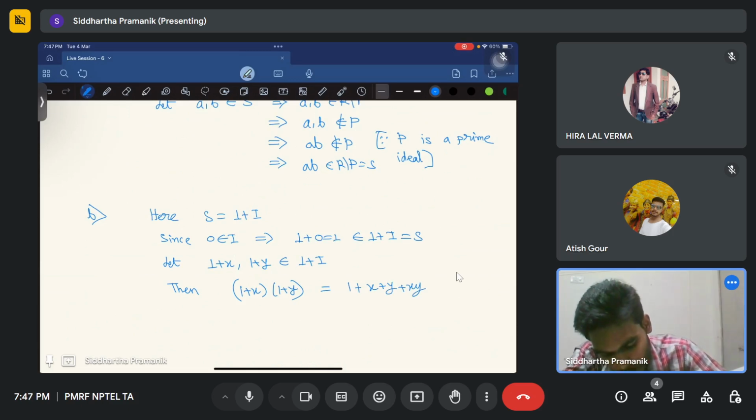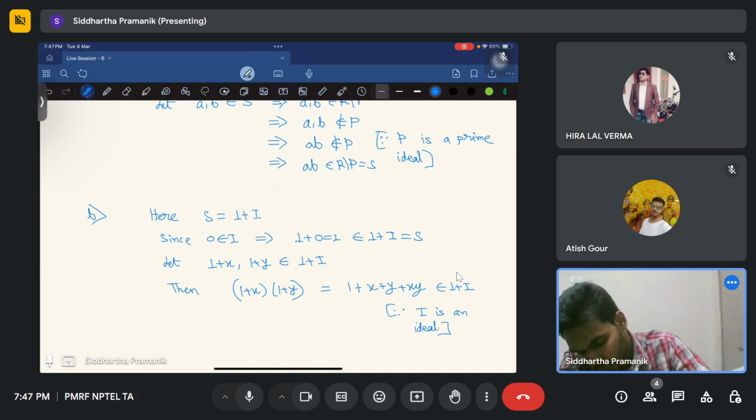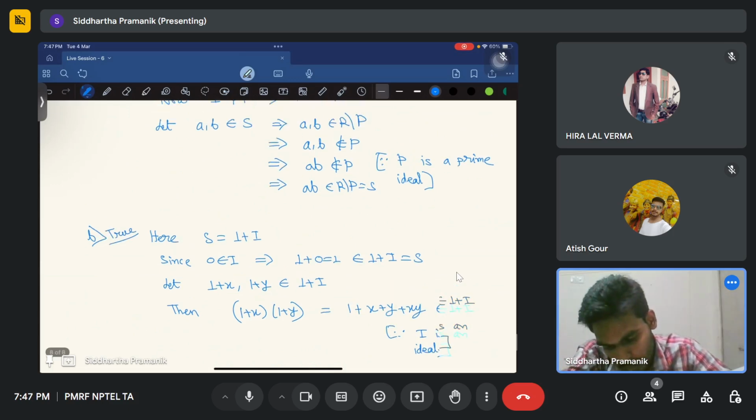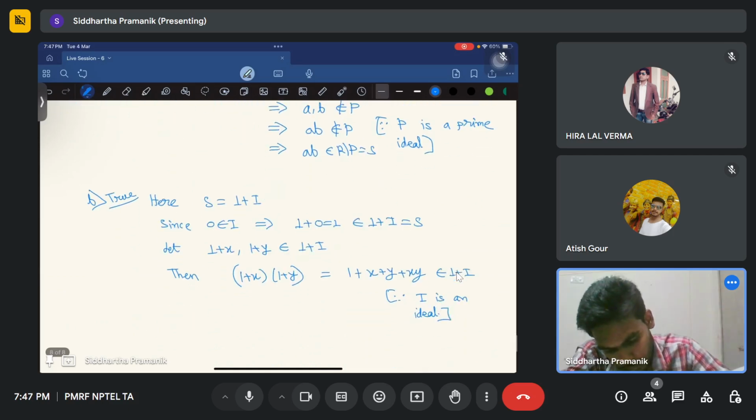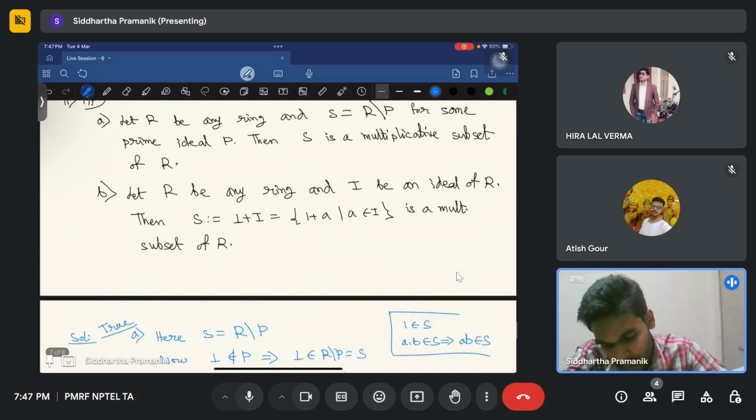So x, y and x times y, all these are in I. So their sum is also in I. So this should be in I because I is an ideal. So this is also true. So both these sets are multiplicative subsets.